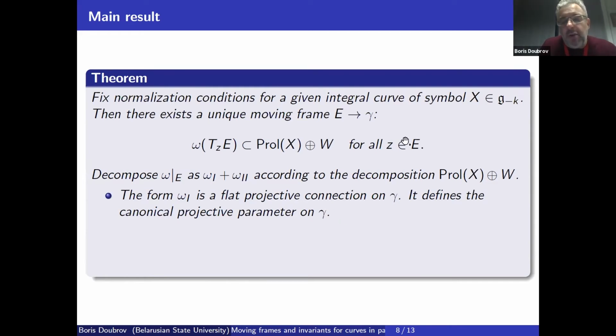So assuming we do have these invariant normalization conditions, we get a canonical projective parameter not only on model curves, but actually on any curve.